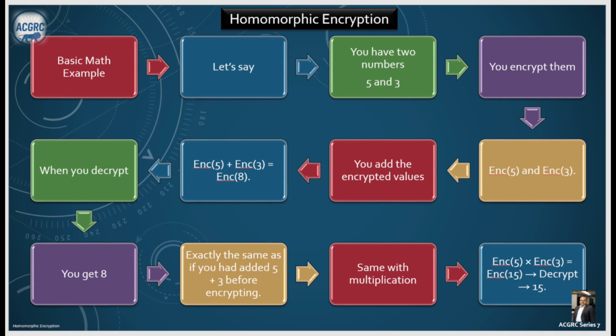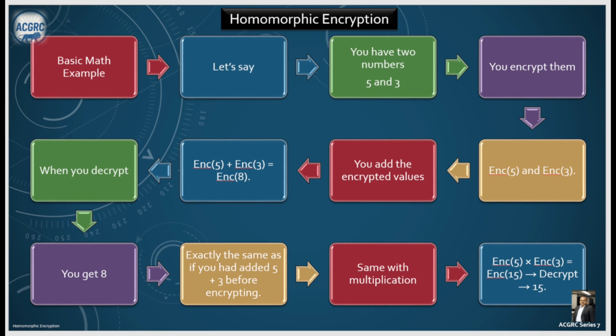You have now decrypted the output, which is the encrypted 8, not the encrypted 5 or 3, not the addition. You have decrypted the end result, which is 8. Now think through whether it had been encrypted or not, it's exactly the same as if you had added 5 and 3 before encrypting. The same is true with multiplication.